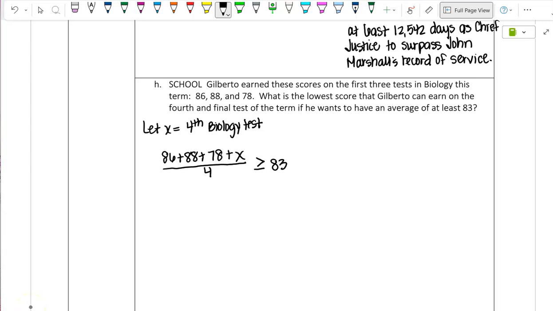All right, so we have to take 86 plus 88 plus 78. What do we get when we add the 3 scores that we know about? What does that come out to equal?